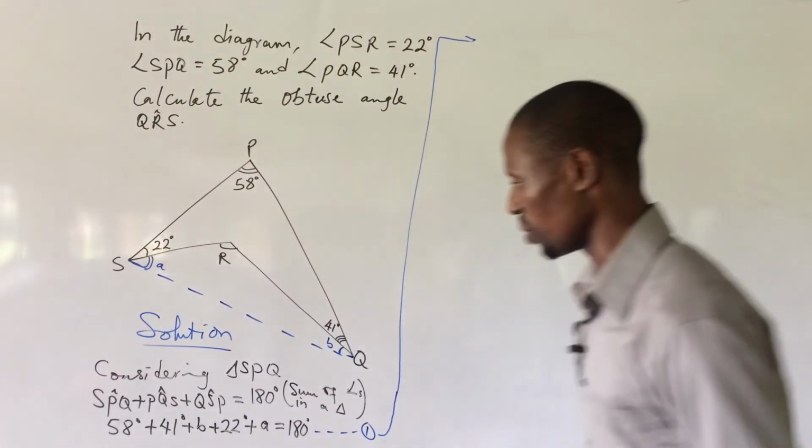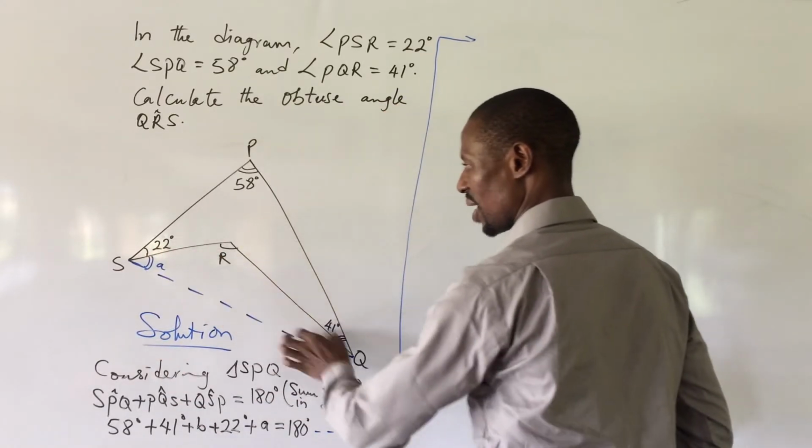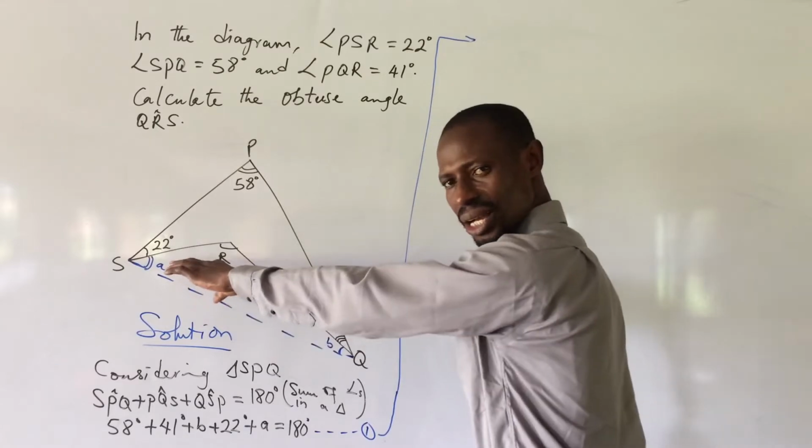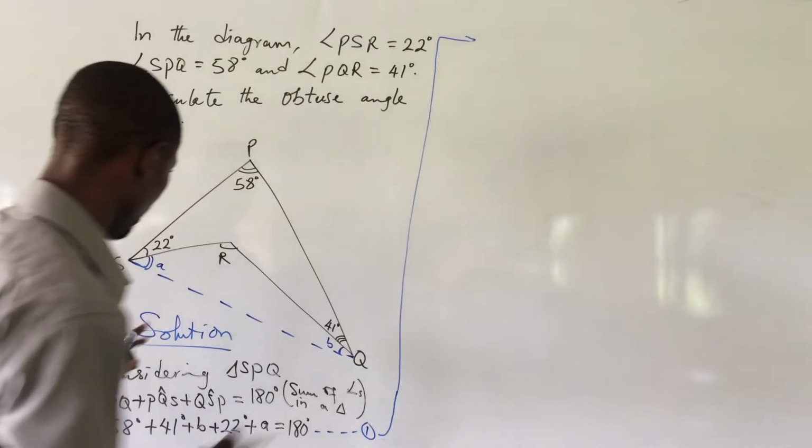So from here, we proceed and look for the sum of angles inside the smaller triangle. We use our literacy too.